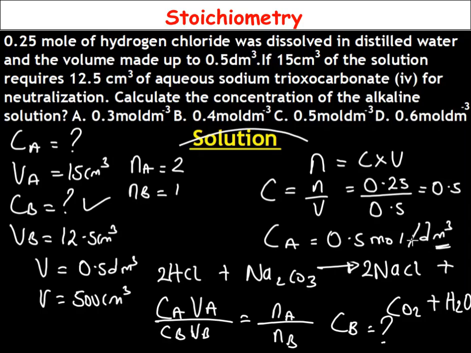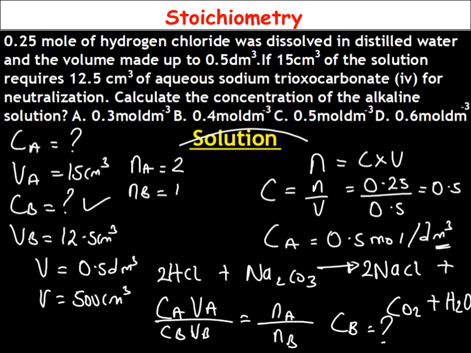Okay, good. Now since you have gotten the concentration of the acid, let us input the value of Ca into the formula Ca Va over Cb Vb equals Na over Nb, to then solve for what? The concentration of the base or the alkaline solution. Can we do it? Yes, good.